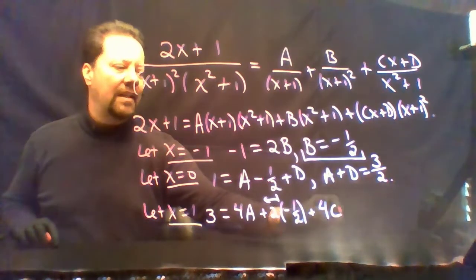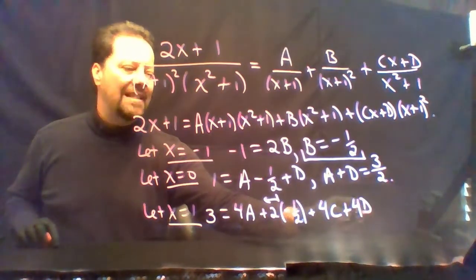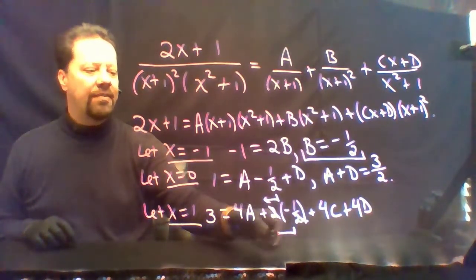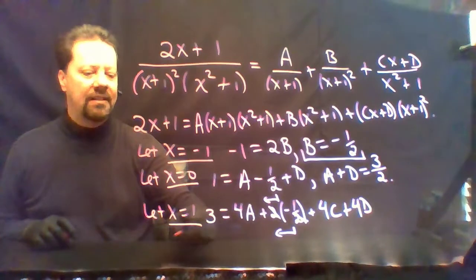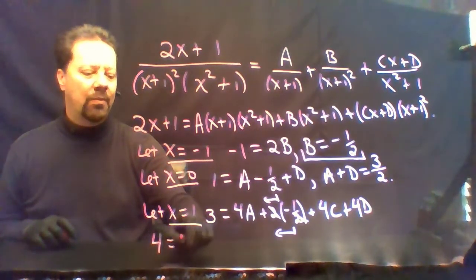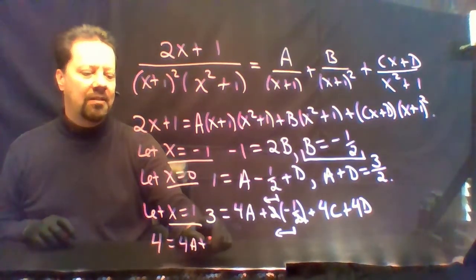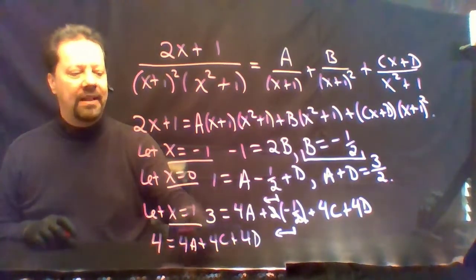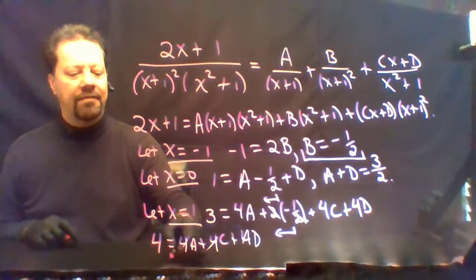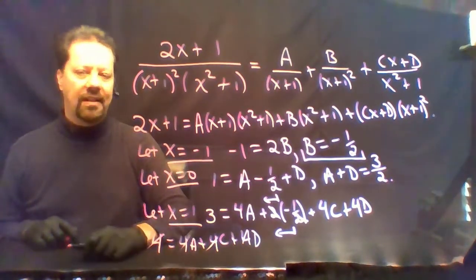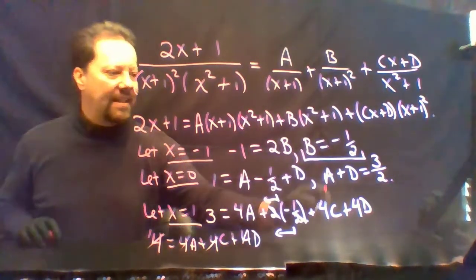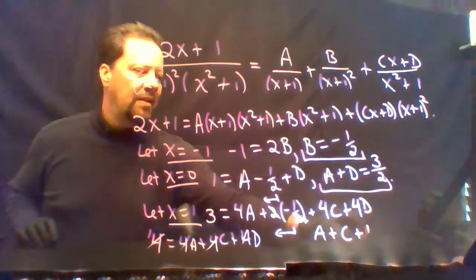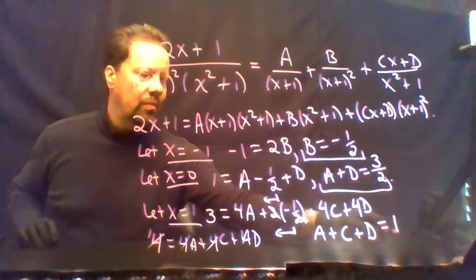That's 4c plus 4d. If we move this -1 to the other side, we end up with 4 equals 4a plus 4c plus 4d. We can divide the 4's off, yielding a 1 on the left-hand side. And that yields the equation a plus c plus d equals 1.